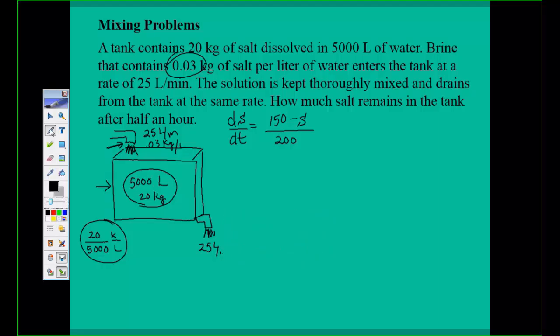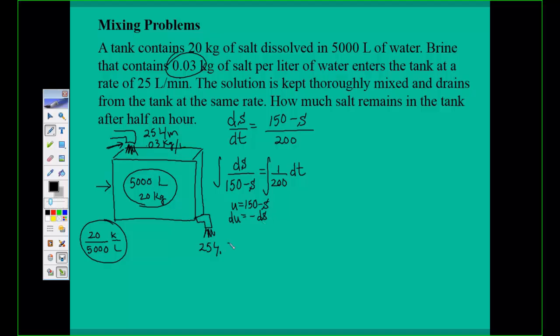Solving our differential equation, this is a separable differential equation. So we'd have dS over 150 minus S equals 1 all over 200 dt. It is a separable differential equation. Taking the antiderivative of each side. Now the left side is going to be the natural log of 150 minus S, but when you let u equal 150 minus S, du is going to be negative dS.